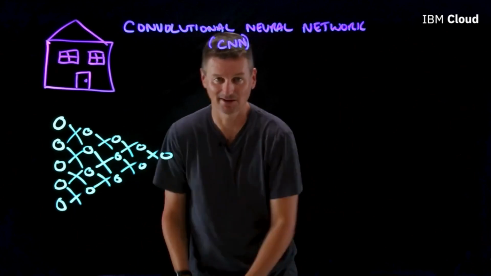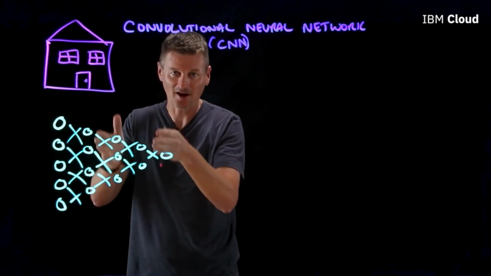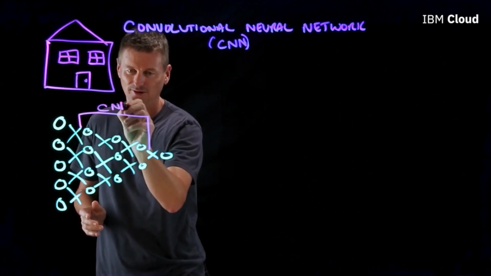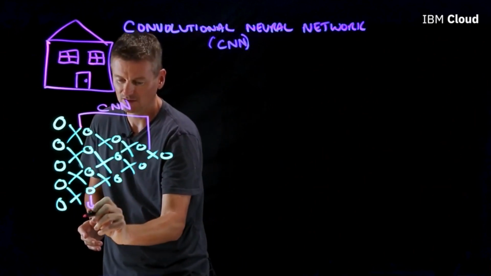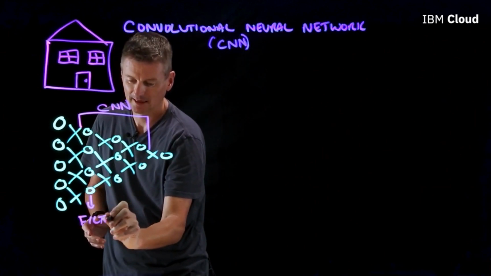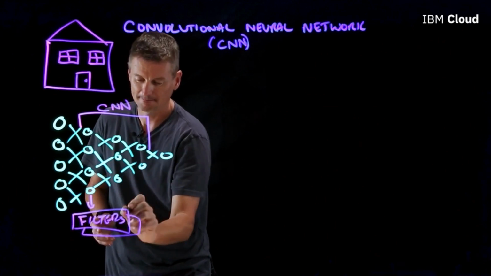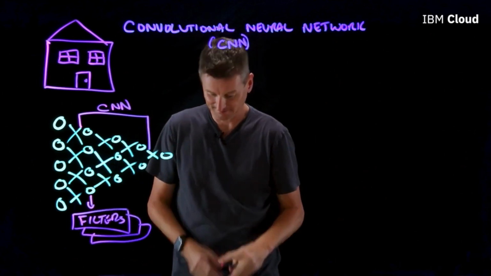That's how neural networks work. And CNN is a particular part of the neural network, or a section of layers. Let's say it's these 3 layers here. And within these layers, we have something called filters. And it's the filters that perform the pattern recognition that CNN is so good at.